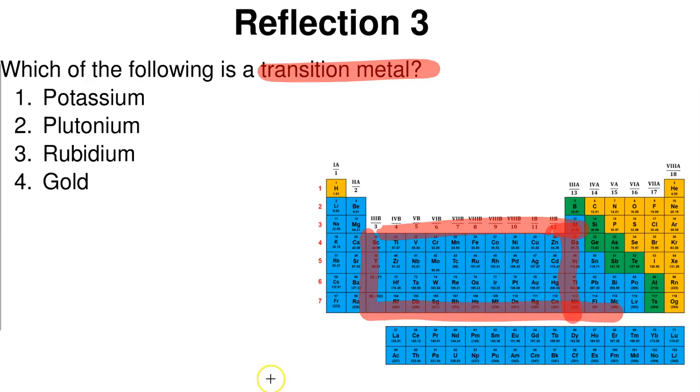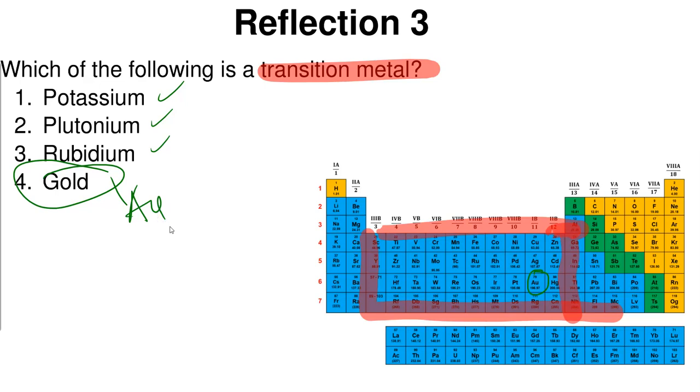That gives us gold. Gold is Au. See it here. Potassium is group 1, so we know it's not that. We know rubidium and plutonium are not it. So it is gold that we find there. Gold, of course, is Au.